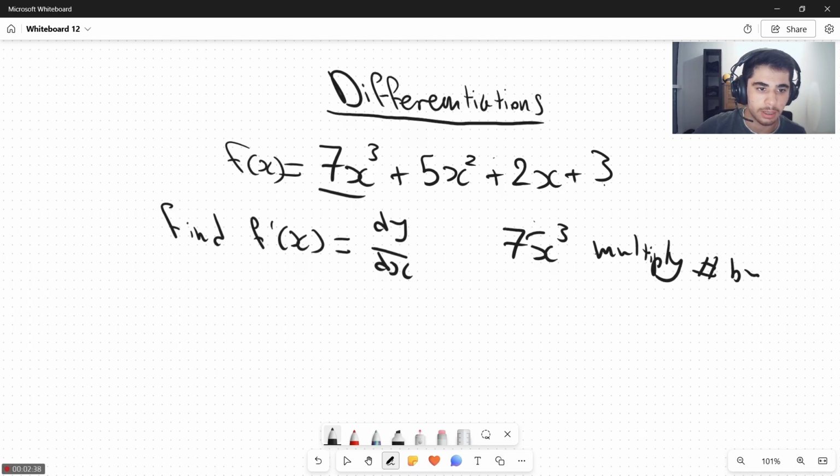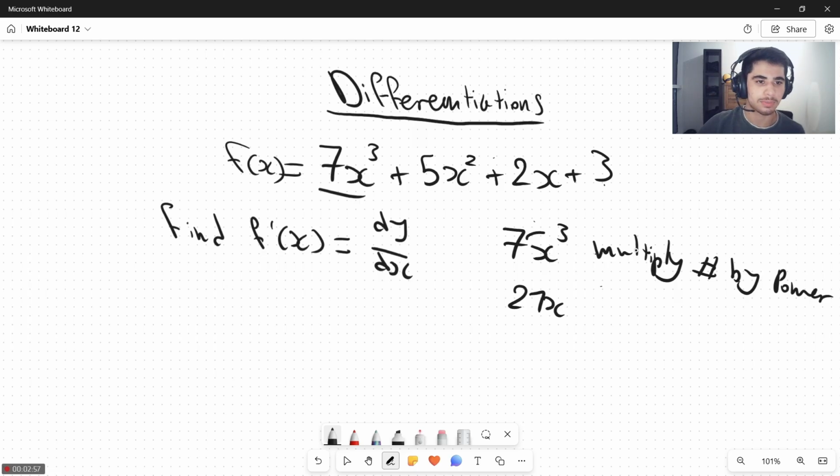That becomes 7 times 3, which is 21. The next step is x, minus the power by 1. That's the only thing you ever have to do in derivatives.